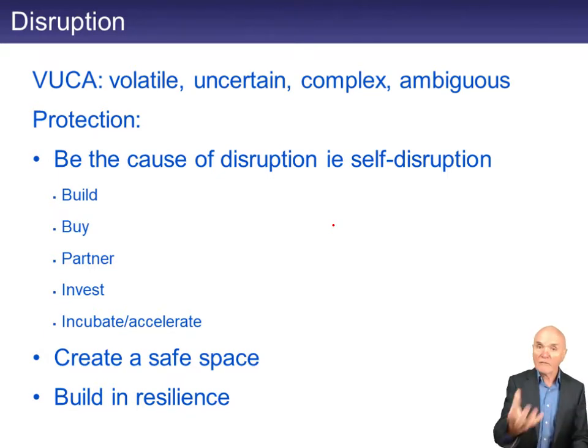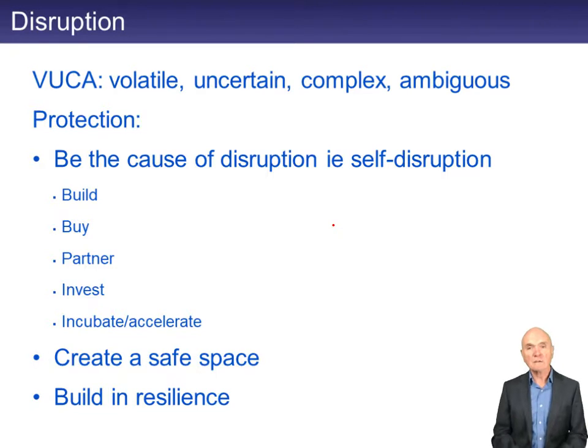Is there going to be another leap forward in technology, which is going to get us into yet another set of rules? How do we, as organizations, within this type of disruptive ecosystem, protect ourselves?